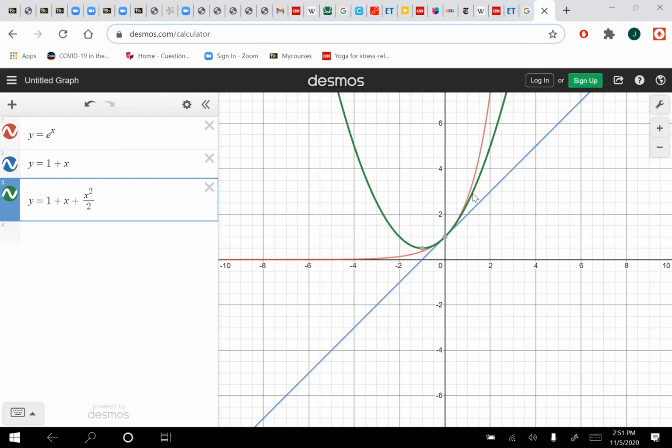So you can see here, for these points, my quadratic exponential approximation is better than the blue one. But look at this distance from here to here. My quadratic is better from here to here, right?